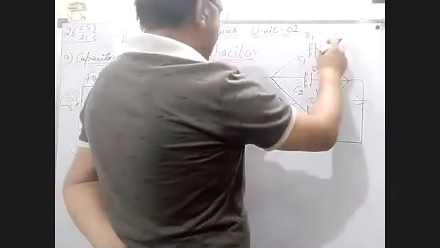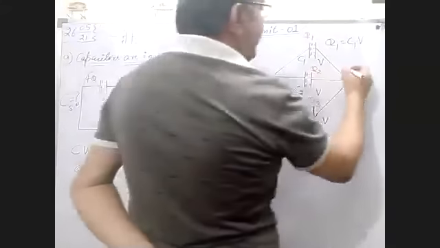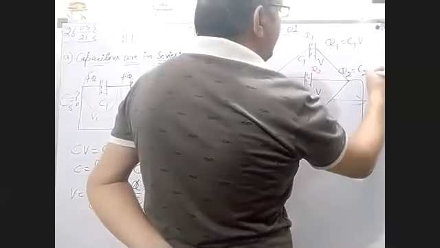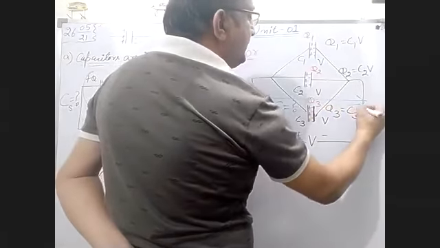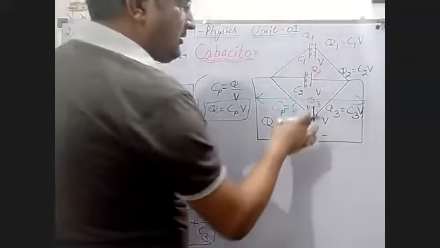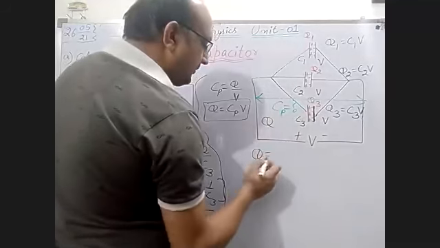Now, for this, we can take the value of Q1 is equal to C1V. For this, Q2 is equal to C2V. And in this case, Q3 is equal to C3V.